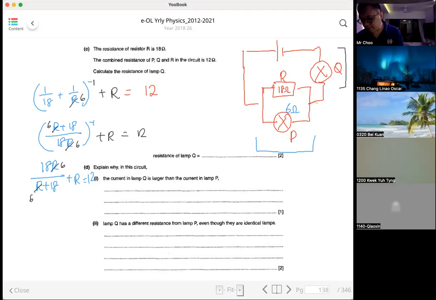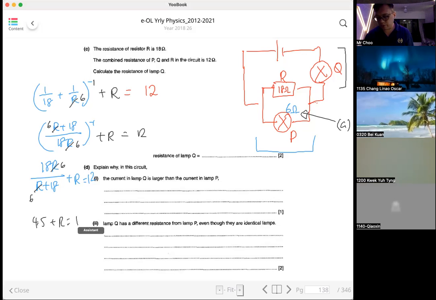Okay, this is the answer in part A. So you got 18 times 6 divided by 6 plus 18. So you get 4.5 plus R equal to 12. Your R itself will be 7.5 ohm.